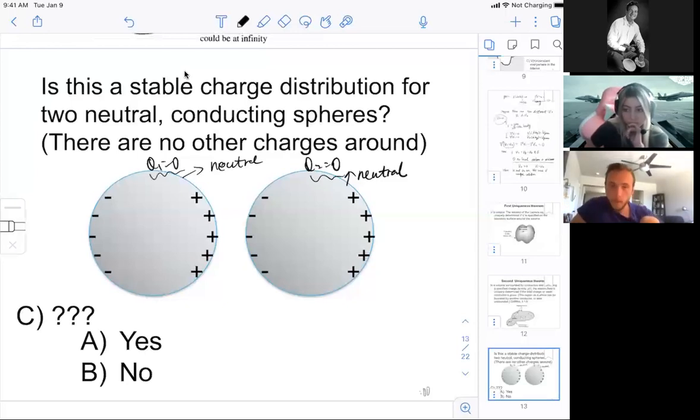So in your proposed solution, what do you think the potential or the electric field would be inside here or here? 0. It would be 0, right? So let's say I propose that E and V are all just 0 inside. And you can see that if you have such a polarized distribution, then your E field must not be 0 inside.